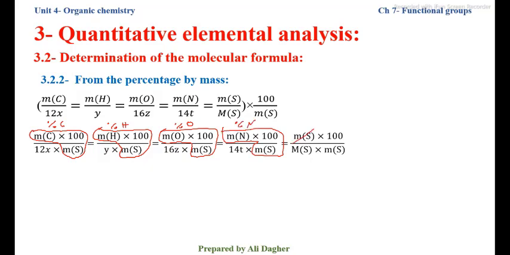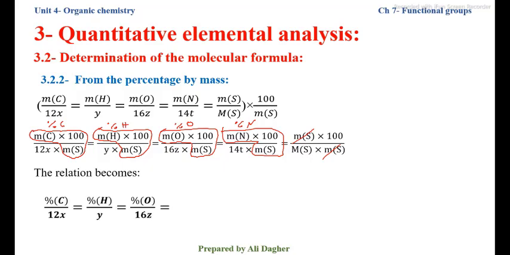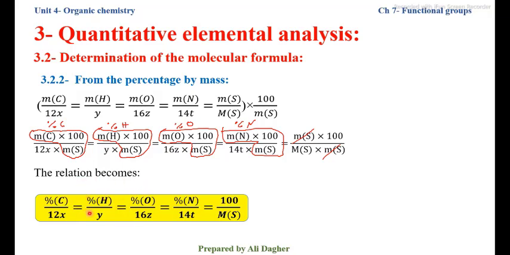We simplify mass of S with mass of S. The relation becomes percent carbon over 12x equals percent hydrogen over y equals percent oxygen over 16z equals percent nitrogen over 14t equals 100 over molar mass of S. This is the law of proportion based on percentage by mass of each element.